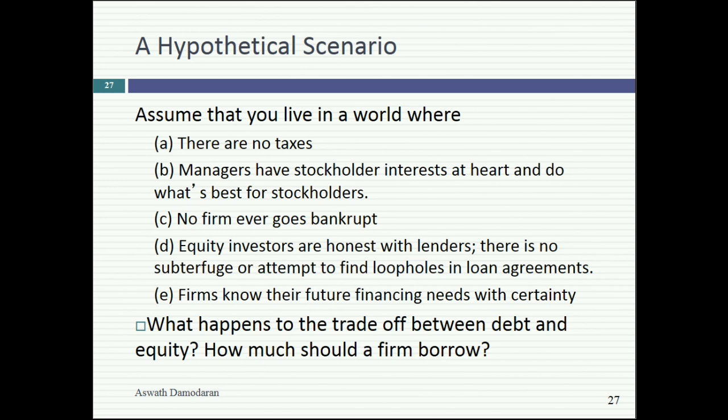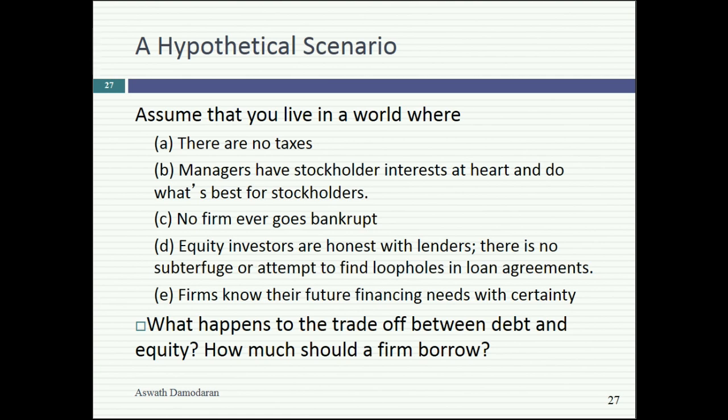Nobody ever goes bankrupt. That goes to 0. Agency costs come from the fact that people lie to banks all the time. But if I'm telling the truth, agency costs go to 0. And if you know your future financing needs with certainty, then the need for flexibility also goes to 0. So you have 0, 0, 0, 0, 0. So debt has no benefits. Debt has no cost. So how much should you borrow?